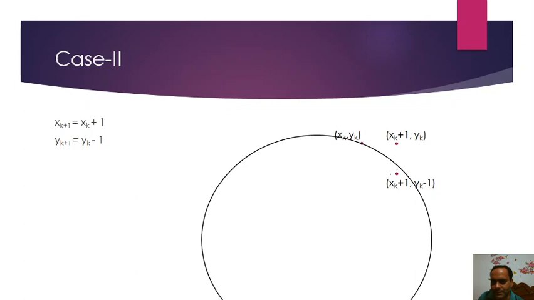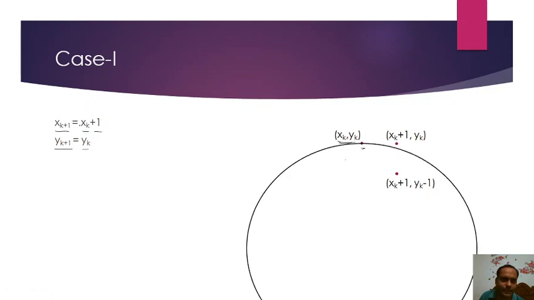So in the second case, our new point will be obtained by incrementing x and decrementing y. As in the earlier case 1, x was obtained by incrementing by 1, but y was unchanged.